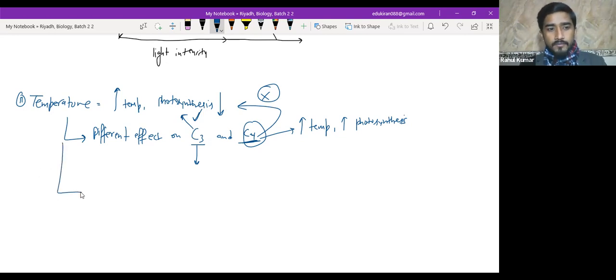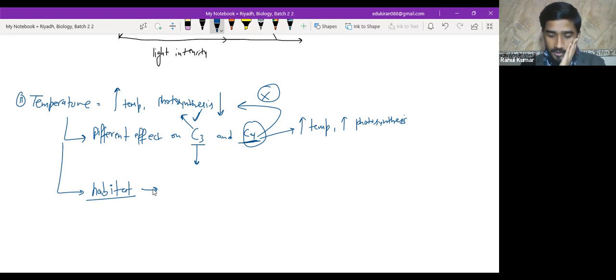Temperature can also affect on the basis of habitats, right? Different habitats have different types of plants. Now, in a habitat, there can be both C3 and C4 plants, living in one habitat. Do you understand?